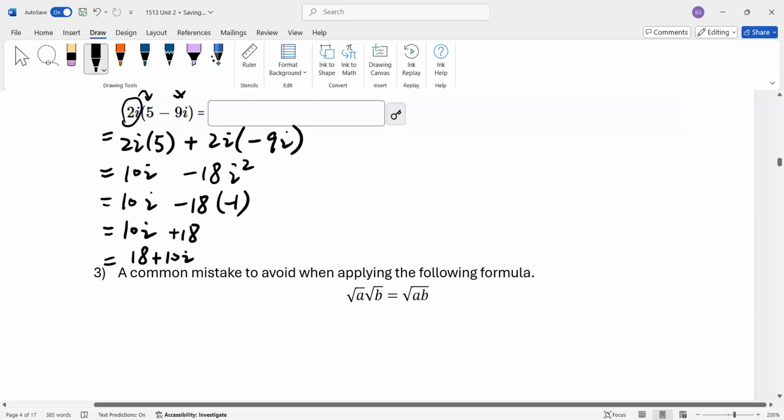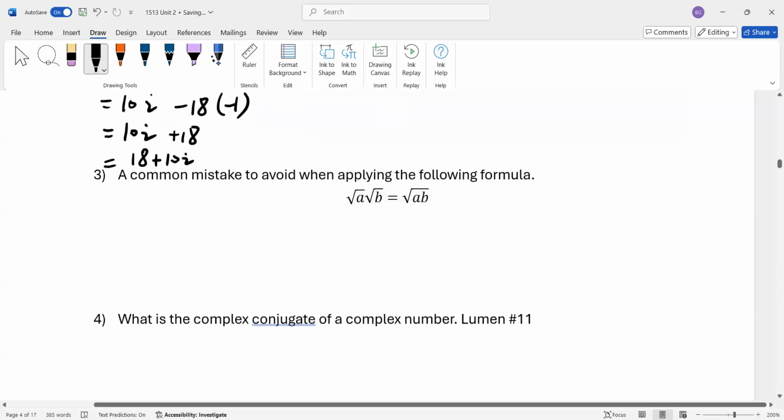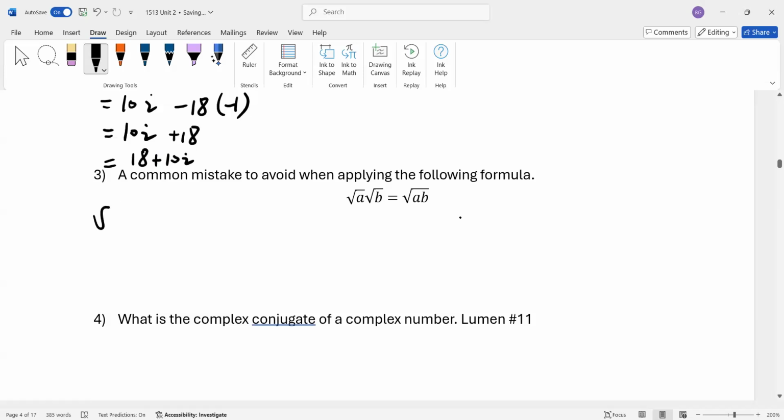A common mistake to avoid when we apply this formula. For example, the square root of 2 times the square root of 8 is the square root of 16, right? And the square root of 16 is 4. So this formula is only true when both a and b are non-negative.